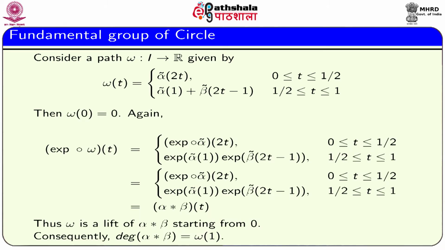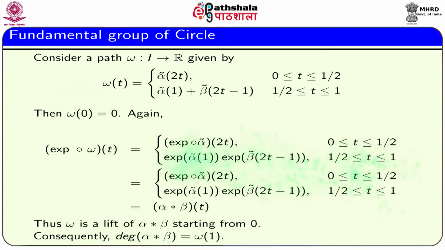Then if we put t equal to 0, we have omega 0 equal to 0. Again, exponential composed omega evaluated at t is exponential composed alpha tilde in the first half of the interval, and in the second half of the interval it is exponential of alpha tilde 1 into exponential of beta tilde of 2t minus 1.